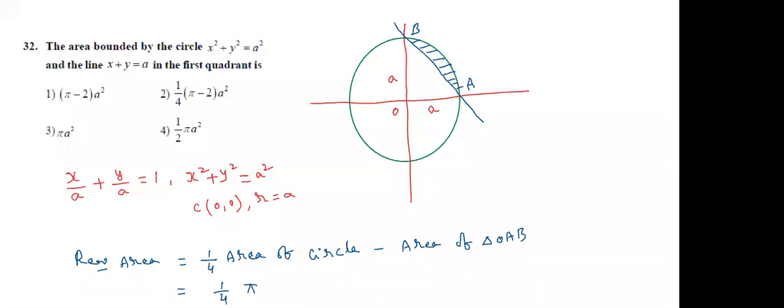Pi r square. So here r means a: pi a square minus the area of triangle OAB.